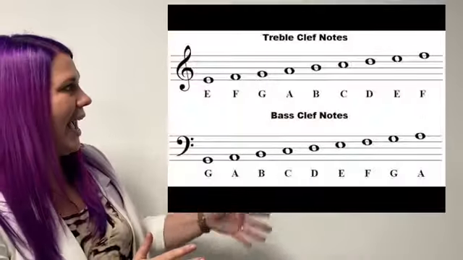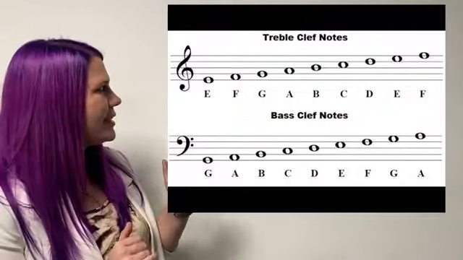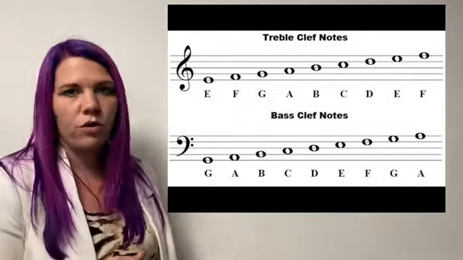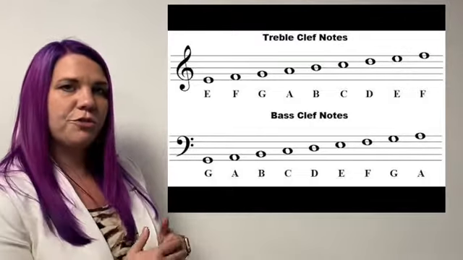Okay, let's have a little fun. Let's play a game. So very quickly, before we play, have a little look at this screen, and I want you to memorize 1 or 2 notes from the treble clef and 1 or 2 notes from the bass clef. So have a little look, choose whichever ones you want.